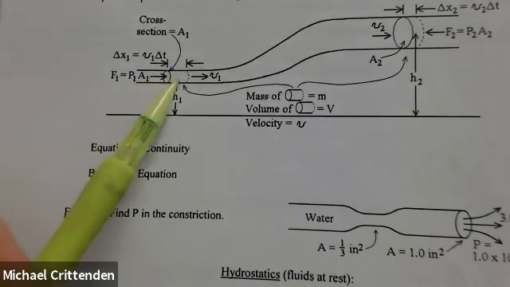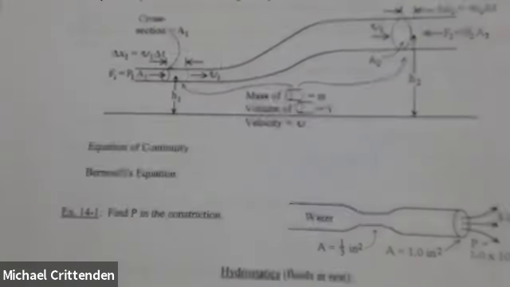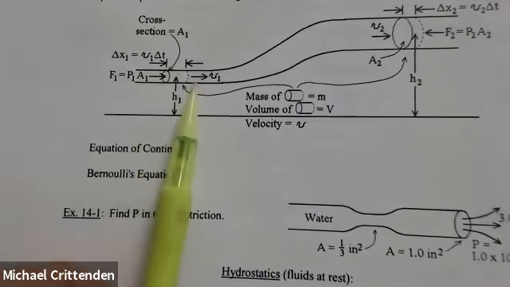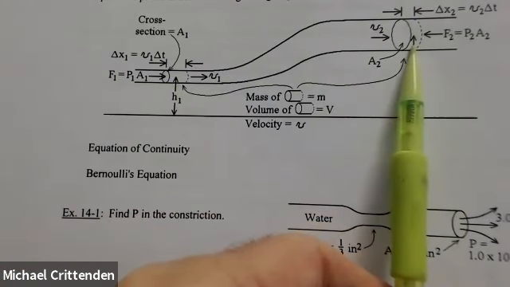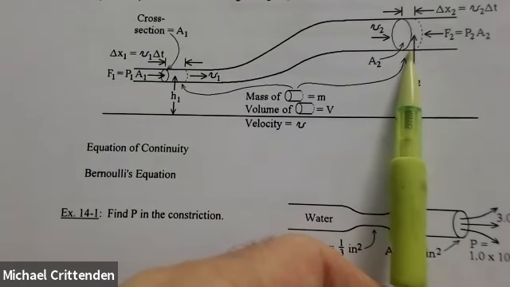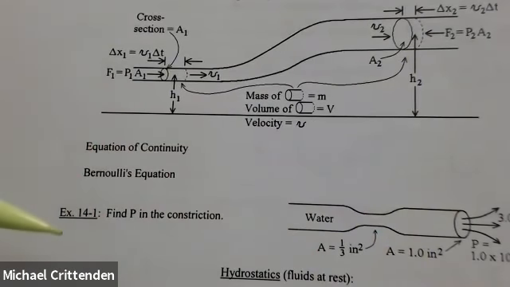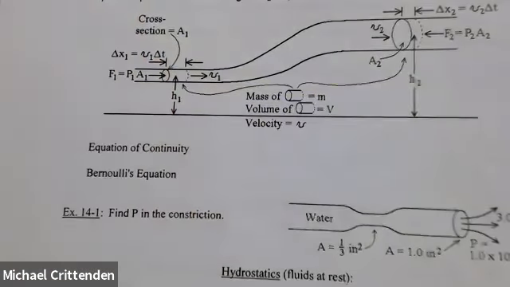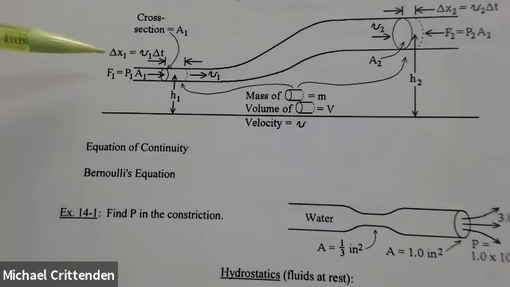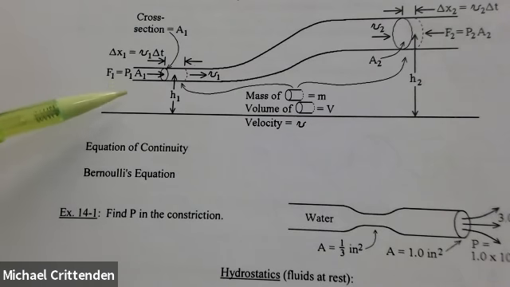Imagine you've got a fluid flowing through a pipe, and you want to compare what's happening at one point to what's happening at another point. Well, these 2 points might differ in several ways. There might be a difference in elevation, H1 and H2. There might be a difference in the cross-sectional area of the pipe, A1 and A2.